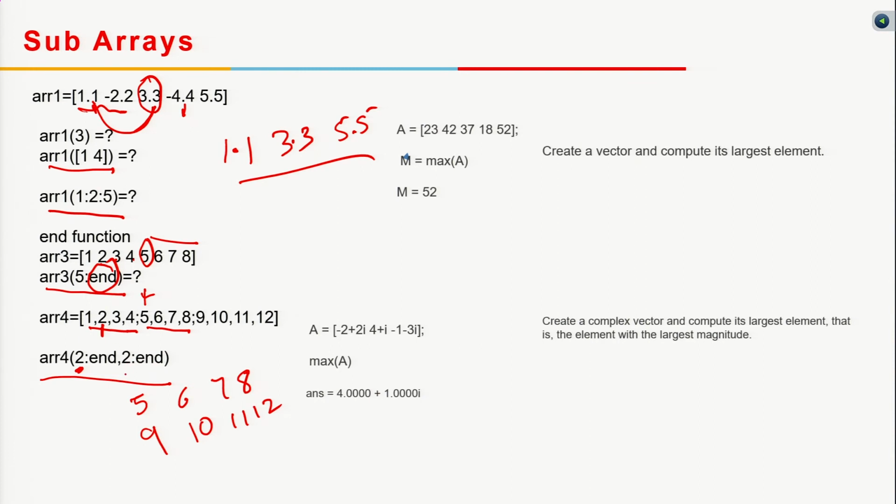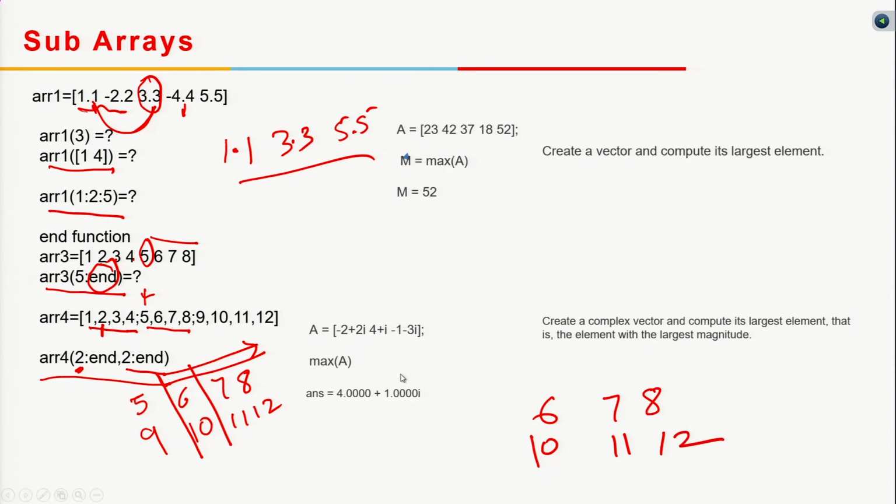But what happens in the next one is 2 to end. 2 means this is my column. So it should go from 2 to end. So it should print 6, 7, 8, 10, 11, 12.